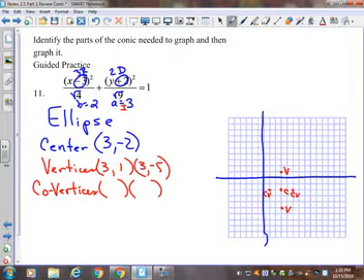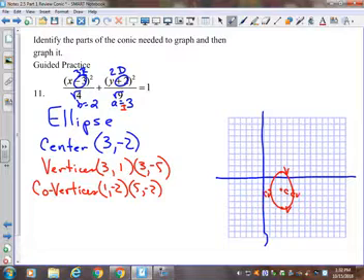So now I'm at 1, -2, and 5, -2. And if we did that right, you should be able to take your center on the x and add 2 and subtract 2 to get these 2 x values. And that does make sense because 3 minus 2 is 1 and 3 plus 2 is 5. So there's our ellipse on our graph. And again, the vertices are more important because it's longer that direction.